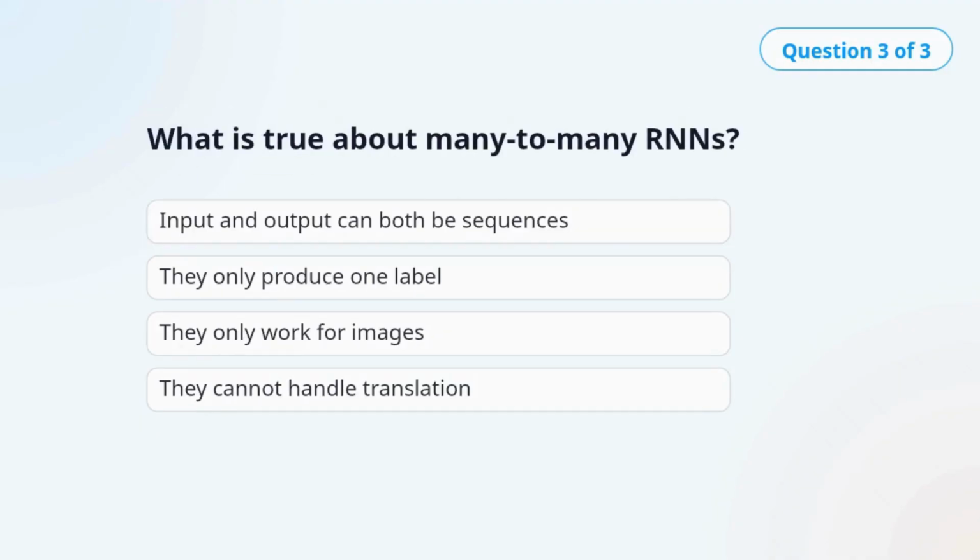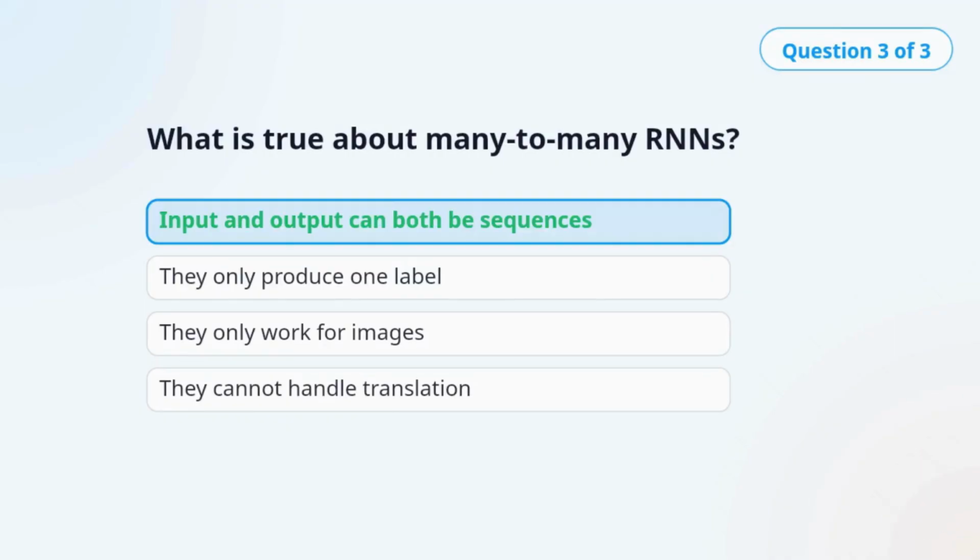What is true about many-to-many RNNs? The correct answer is input and output can both be sequences. Many-to-many architectures are used when both input and output are sequences, such as named entity recognition and machine translation.